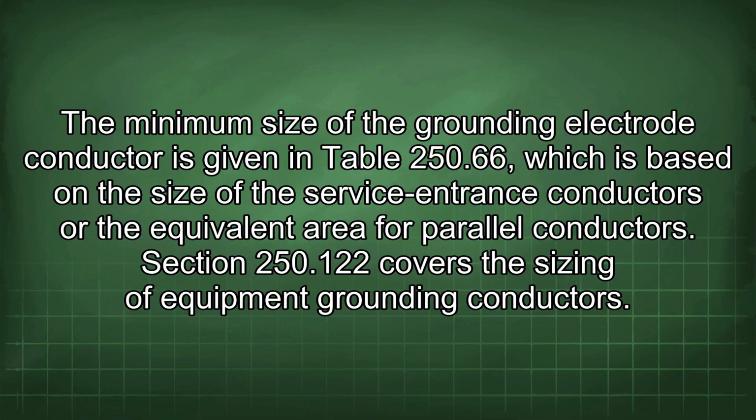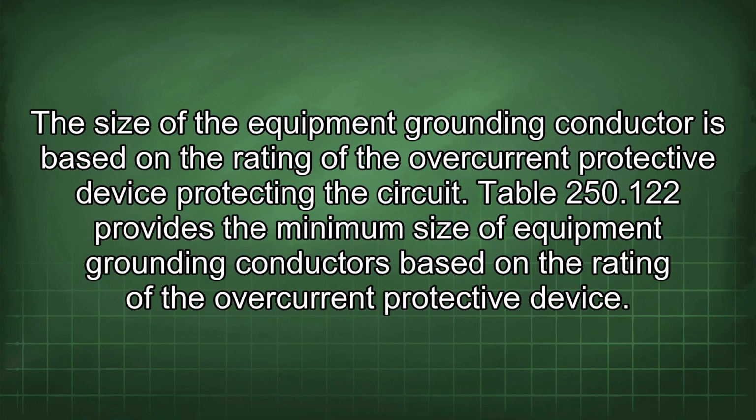Section 250.122 covers the sizing of equipment grounding conductors. The size of the equipment grounding conductor is based on the rating of the overcurrent protective device protecting the circuit. Table 250.122 provides the minimum size of equipment grounding conductors based on the rating of the overcurrent protective device.